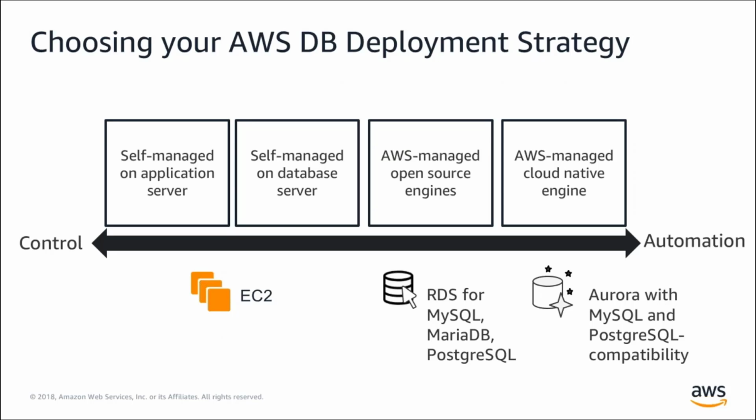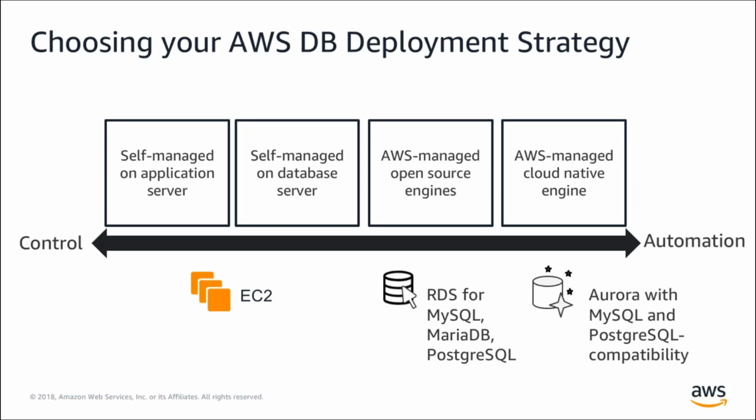So you have control and automation at the two ends of the spectrum, but oftentimes, once you have figured out your deployment methodology, automation is really what you want to meet your business needs.